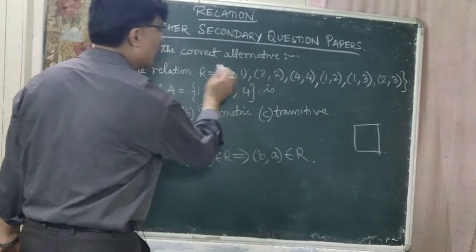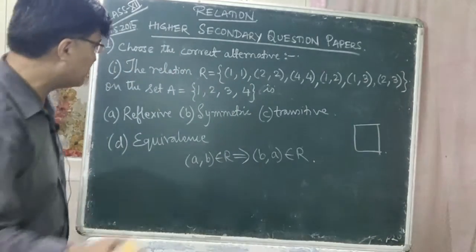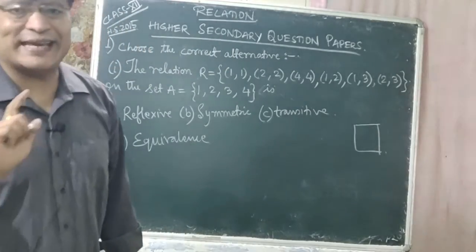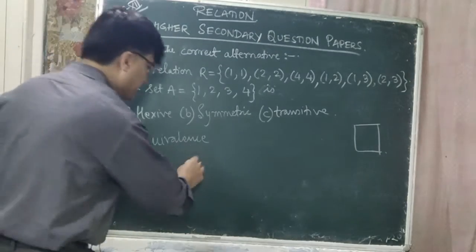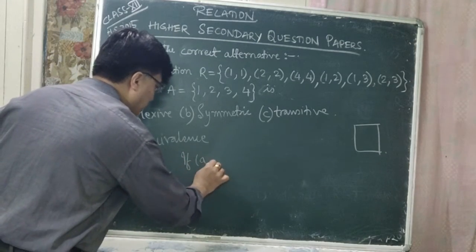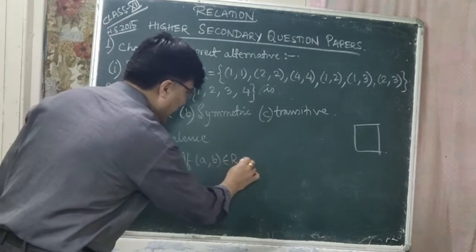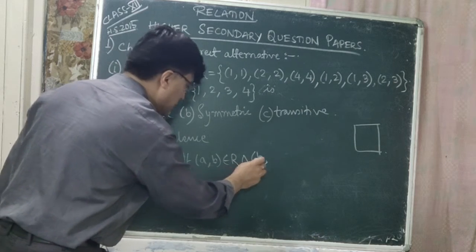So 1 comma 1 is there, for transitivity. What is the definition of transitive relation? A relation R on a set A is said to be transitive if A comma B belongs to the relation R, and this is an and symbol, right?